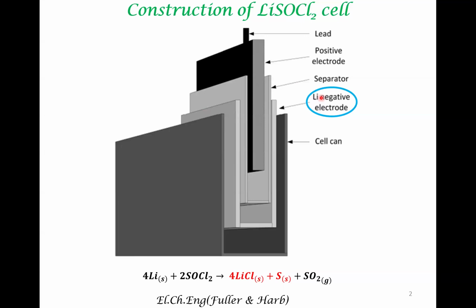One thing you ought to be noticing is in our earlier lectures on electrochemical systems, we were using anode and cathode. That is indicative of whether there is oxidation or reduction in the electrodes. Here in the battery literature, we are specifying the electrode as a negative electrode or a positive electrode.